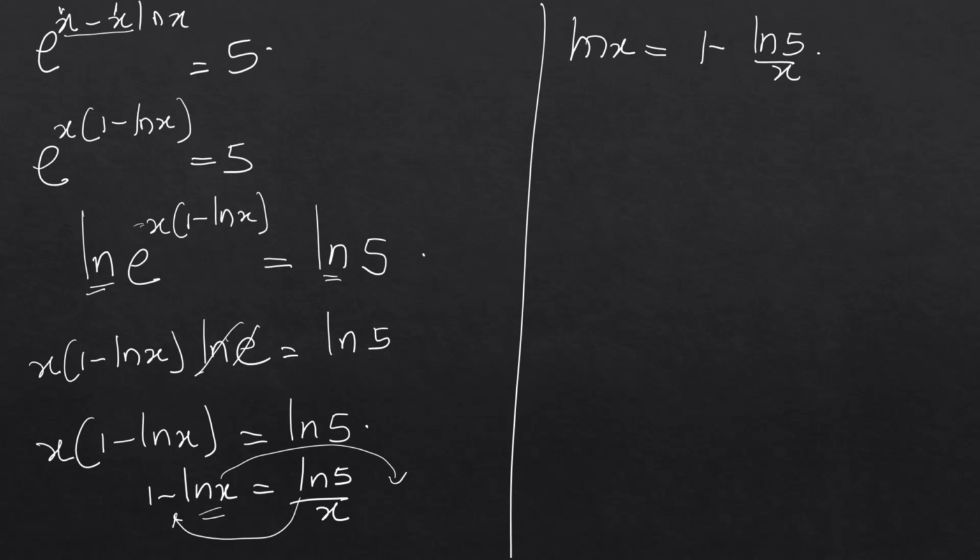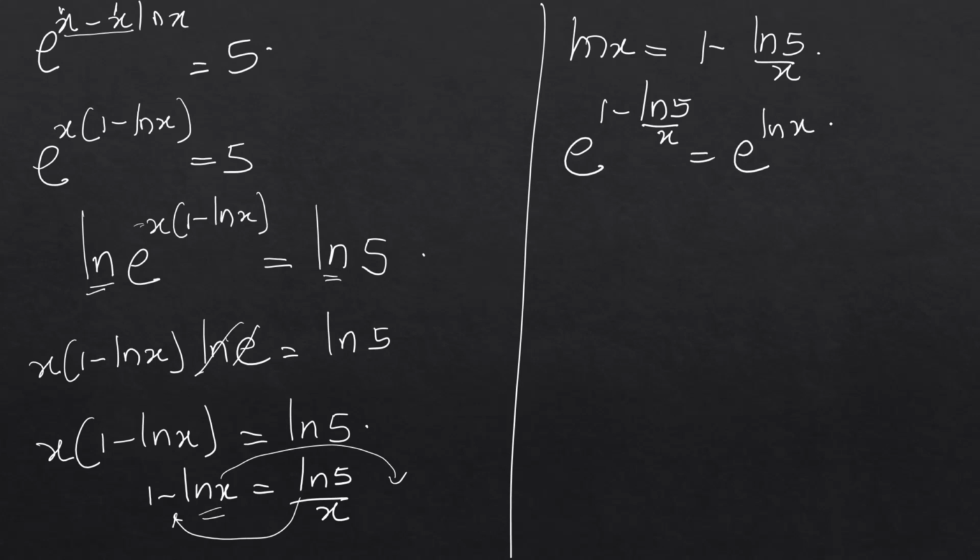Now, when I have done that, I'm going to take the exponentiation of both sides. So what I will do by that exponentiation is to take e of both sides. I'm going to now say e raised to power 1 minus ln 5 over x is going to be equal to e raised to power ln x.